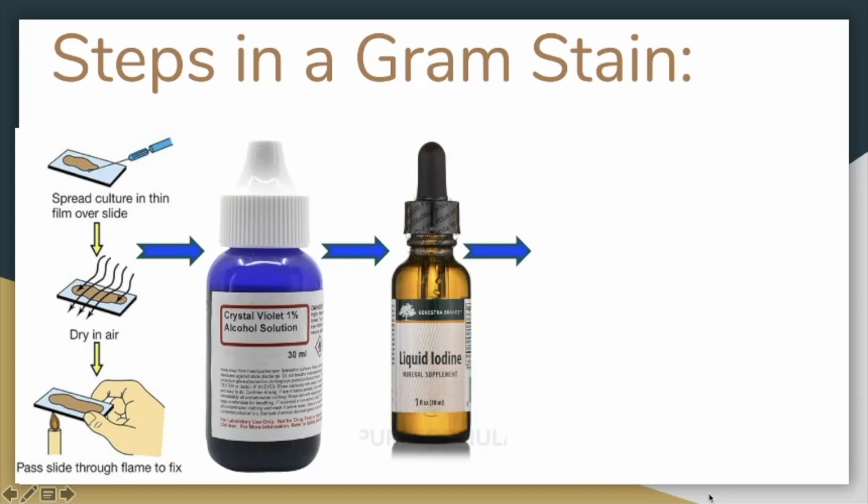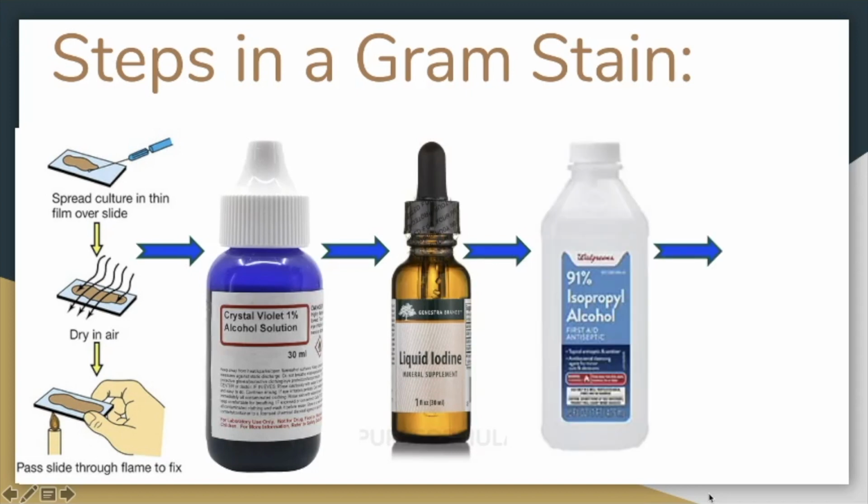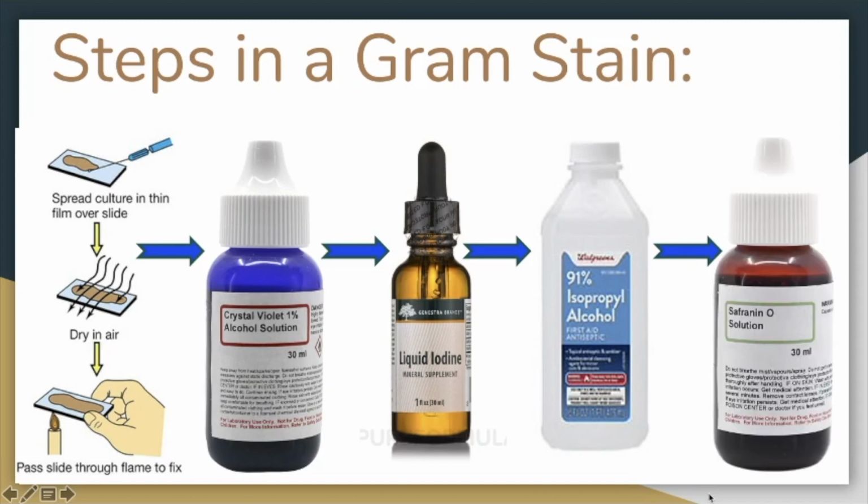Next, you fix it with iodine. Then you decolorize it. This is important because it will get rid of any excess color and create a perfect palette for you to apply your last stain, which is safranin red stain. In general, your gram-positive bacteria are going to stain blue and your gram-negative bacteria are going to stain red.